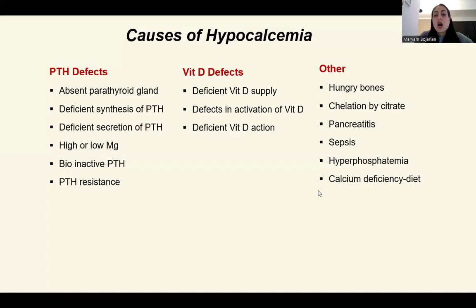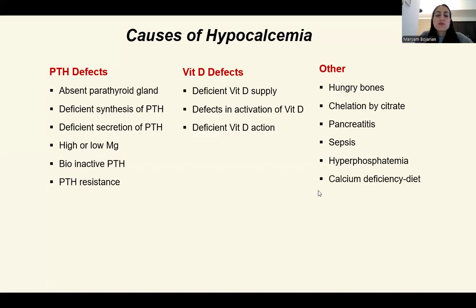On the other hand, high magnesium, meaning any level more than 5 milliequivalent per liter, basically activates the calcium sensing receptor and falsely signals high calcium levels. This suppresses PTH release, causing hypocalcemia.